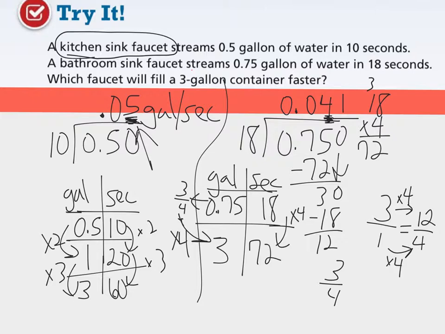They could have said how much faster, which one would be faster and how much faster would it be. And in that case, we would really probably need to work it out this way, would be easier. Because then we can see here the difference between this one was 60 seconds, this was 72 seconds. We can see the kitchen sink was 12 seconds faster.